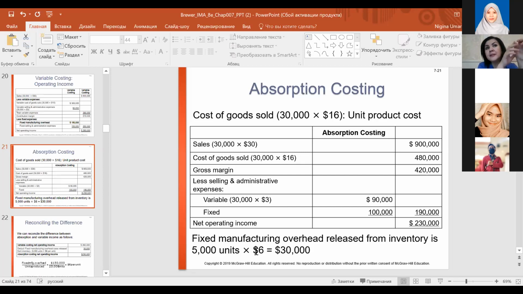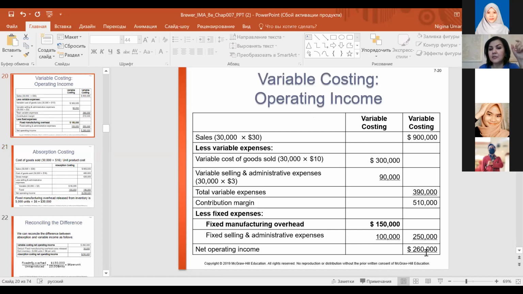Now the company sells in the current year, in year 2. So net operating income is $30,000 less on the absorption than on the variable costing.